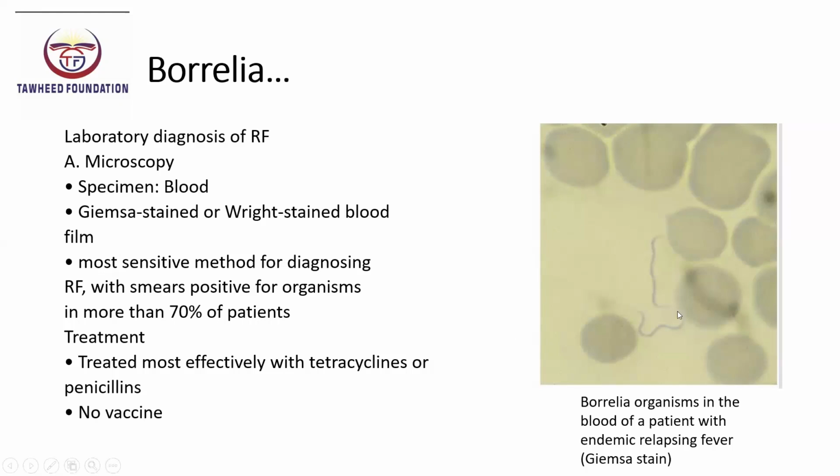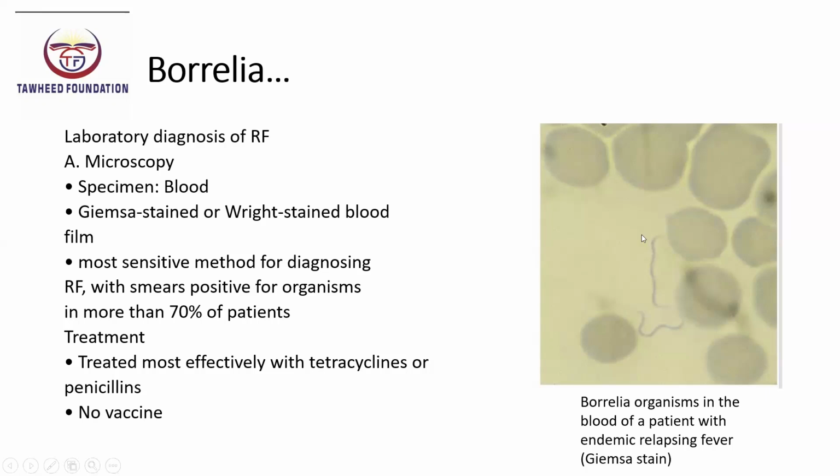As you can see in this image, this slide typically shows a Giemsa stained blood smear from a patient with relapsing fever. The Borrelia organisms are visible as long, wavy spirochetes scattered among red blood cells, which highlights to students that this is a classic diagnostic image and may be shown in exams or practicals.